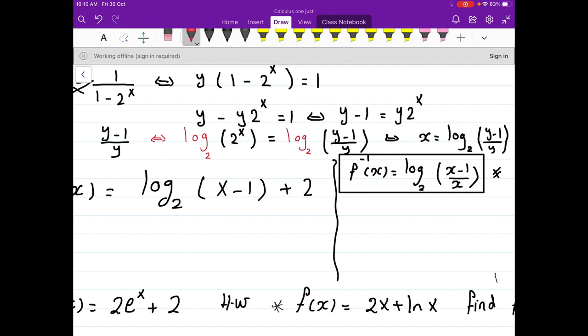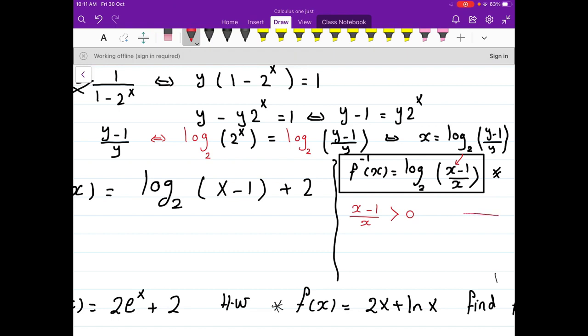Now our question: how to find the domain of f inverse? What is the function inside the log? (x minus 1) over x. This function must be positive.